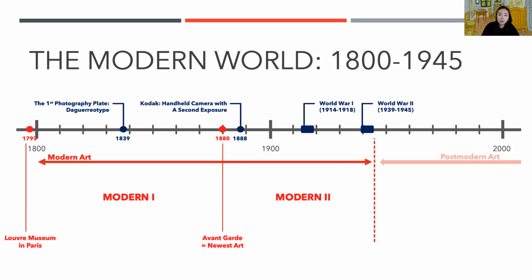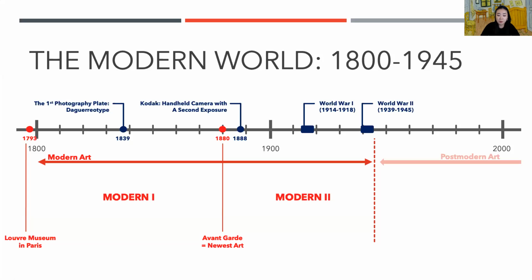So we learned photography here. There is a photography timeline, briefly. You remember, right? We learned it before the midterm. And the first photograph in the world, the daguerreotype, came out during this modern time.